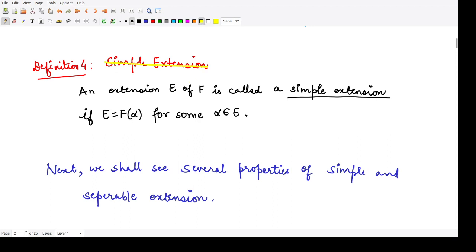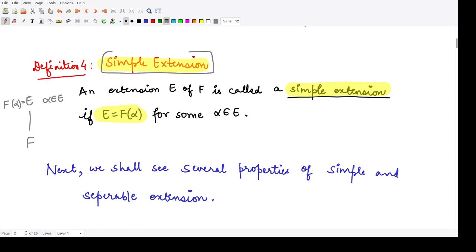An extension E of F is called a simple extension if you can write E as the lower field adjoined with some element alpha, where alpha is present in E. So we have this field here as F and this field here as E. If you take an element alpha in the upper field and adjoin it to F, and this is equal to E, then we have a simple extension.